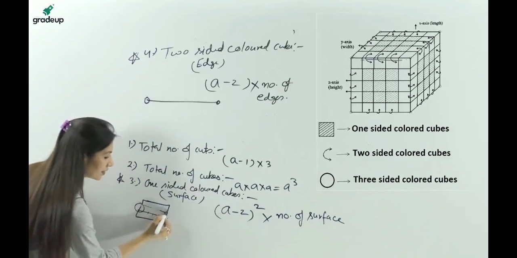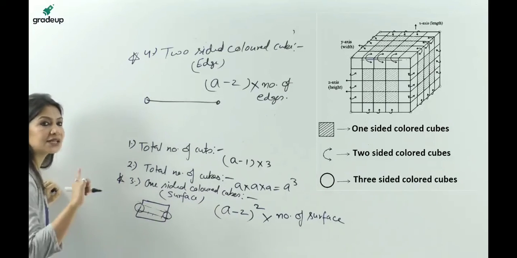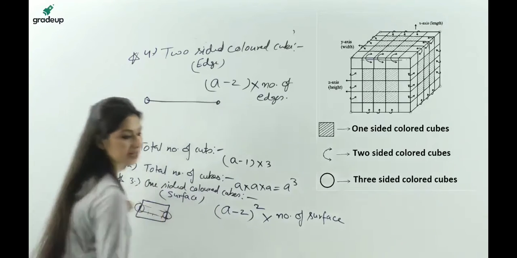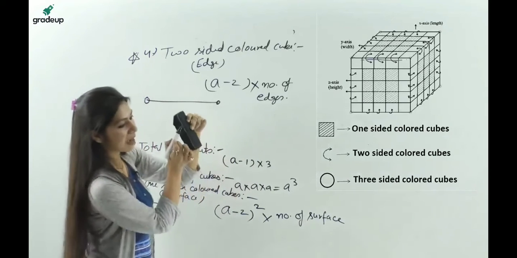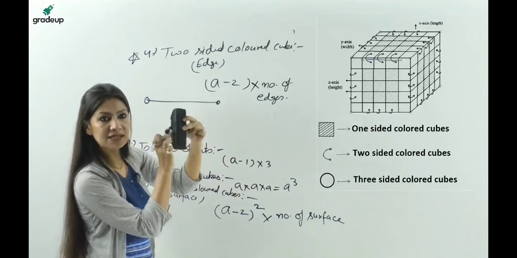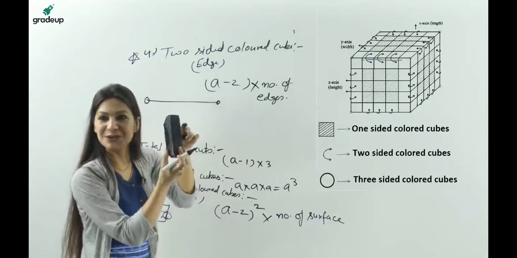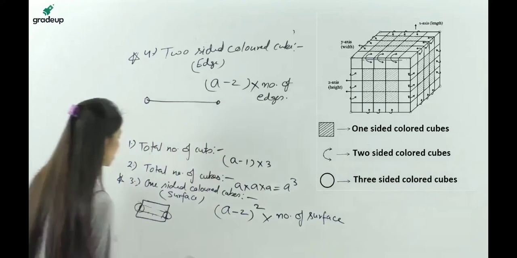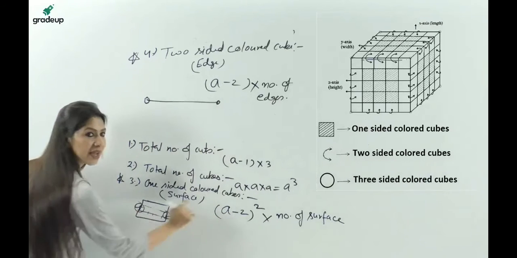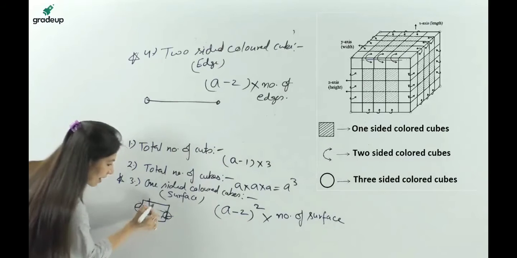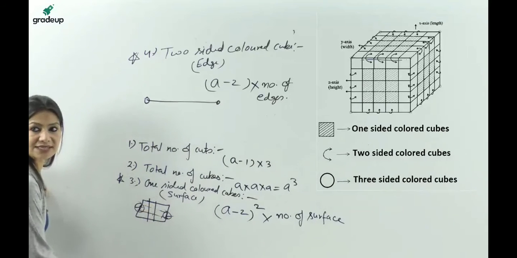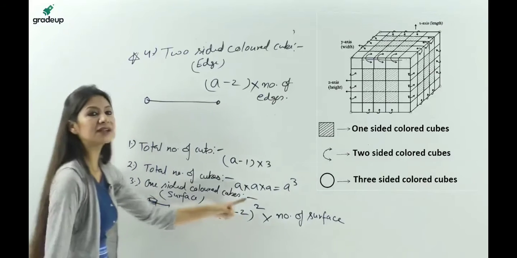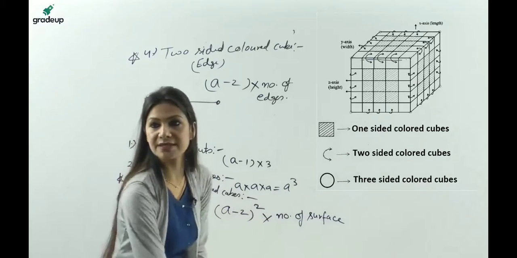But this one and this one, which I have circled, are not of use to me, because they are in contact with the edge. Obviously these 2 surfaces are in contact, so how can you count it? You need to subtract this. So that's why A minus 2 one time. Again I have this one also, on this axis. So right now this and this you need to subtract. So that's why (A minus 2) whole square multiplied by the number of surfaces.